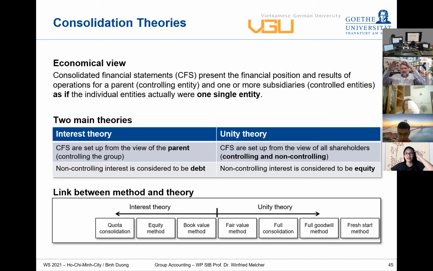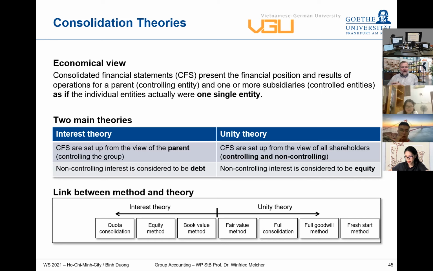So we have a group and we look at the group as if that group was one single entity, although in reality, it's not. The group consists of many independent companies that are individually located in several cities in this world, and they have their own constitution by law.